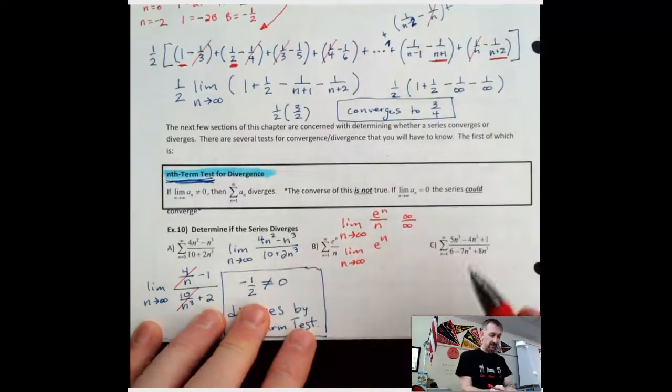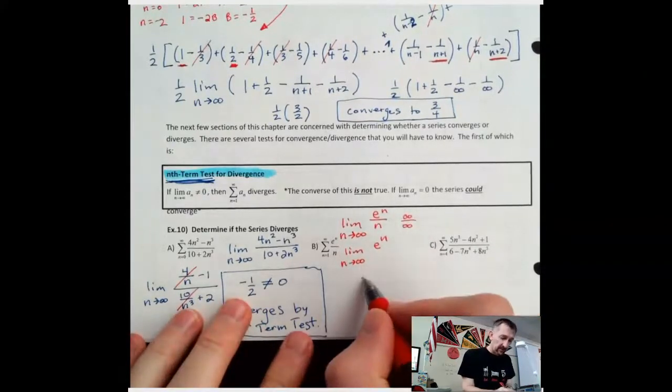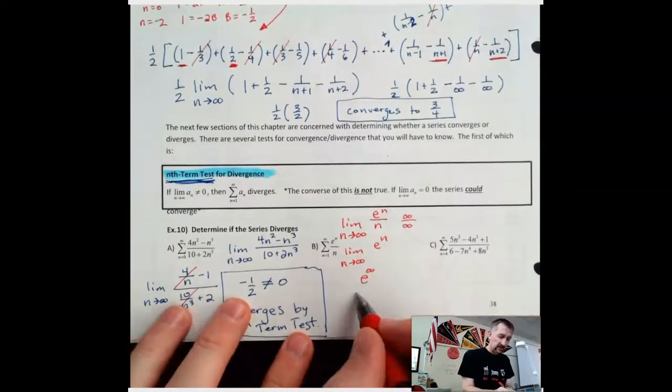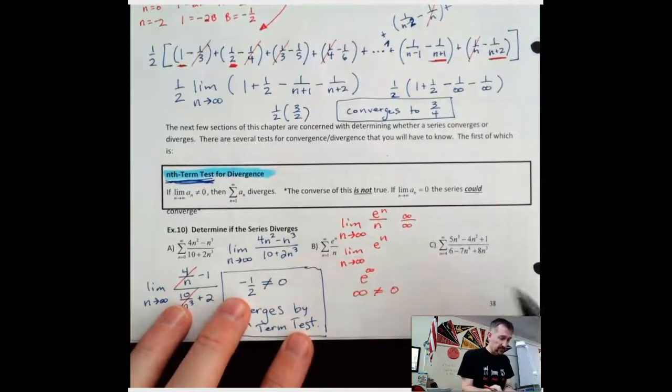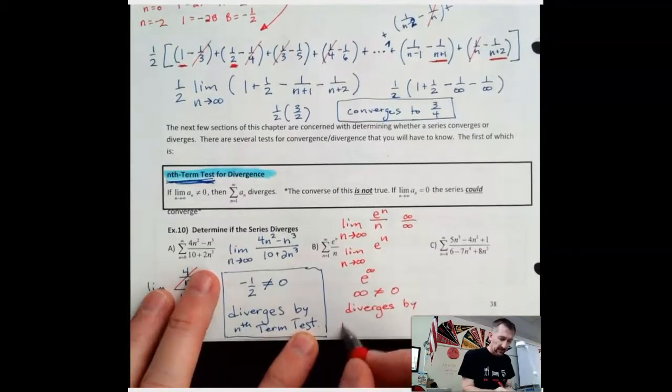The derivative of n is just 1. So we have e to the n, and we can plug infinity in there, and that's infinity. So infinity does not equal 0, pretty much the opposite. So it diverges by the nth term test.